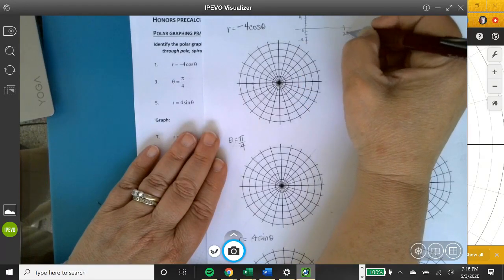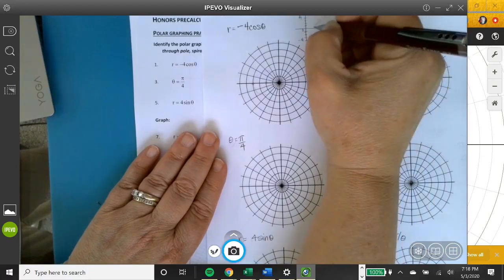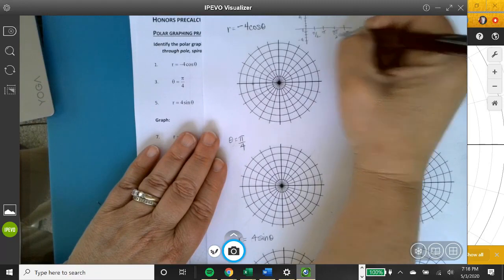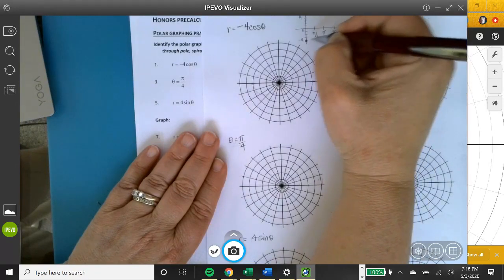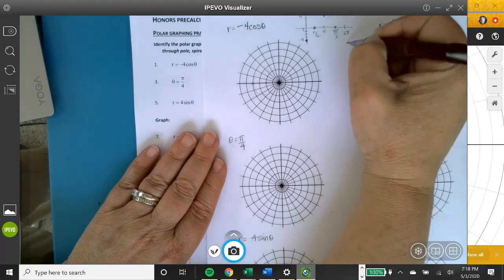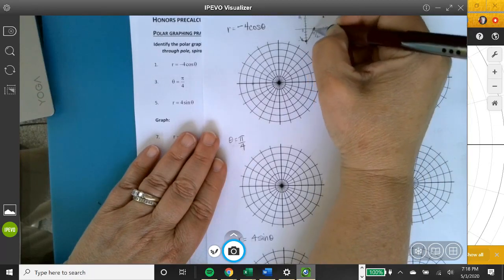And its period is 2 pi, so we're going to go from 0 to 2 pi. I'm plotting my points here. I would start down in amplitude, go back to the midline, up in amplitude, back to the midline, and down in amplitude. And then I would connect the dots here.